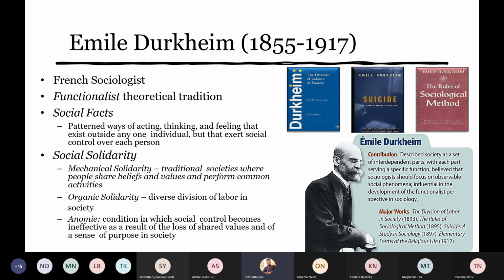And then we talk about the famous guy there, Emile Durkheim, who was a French sociologist, and he came up with the functionalist paradigm and the term social fact, and said that those are ways of acting, thinking, and feeling that exist outside any one individual, but that exert social control over each person.